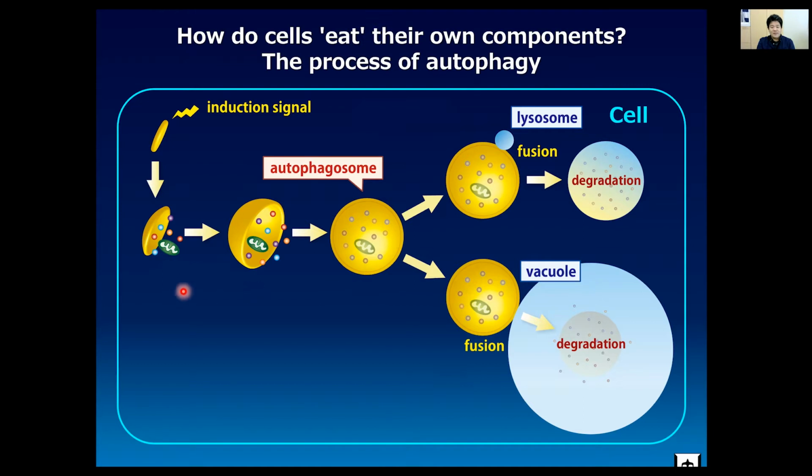In this process, various cellular components are sequestered into autophagosomes. The autophagosome then fuses with a lysosome in mammalian cells or vacuoles in yeast and plant cells. Because lysosomes and vacuoles contain different degradation enzymes, the contents of the autophagosomes are degraded by these enzymes after fusion with these organelles.